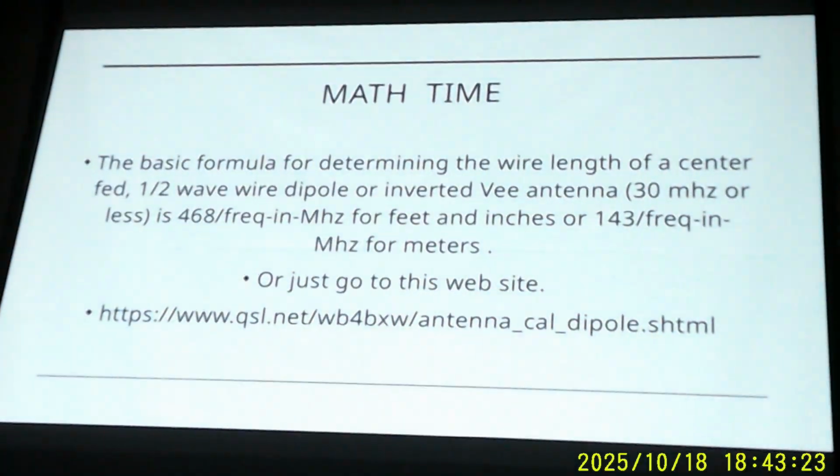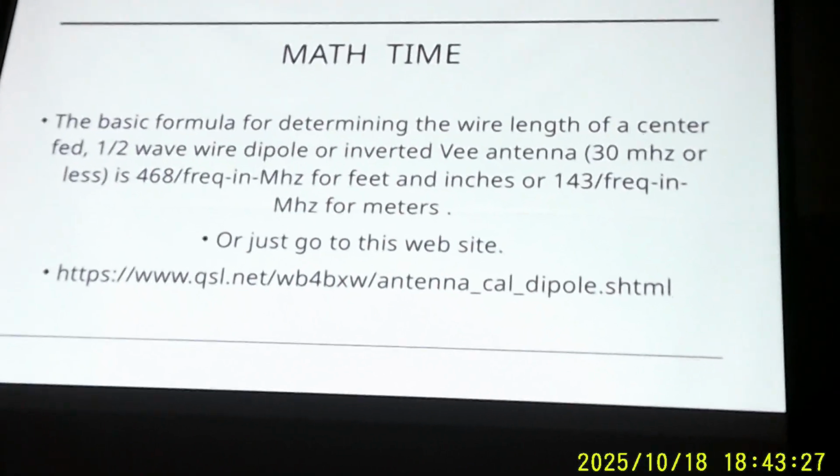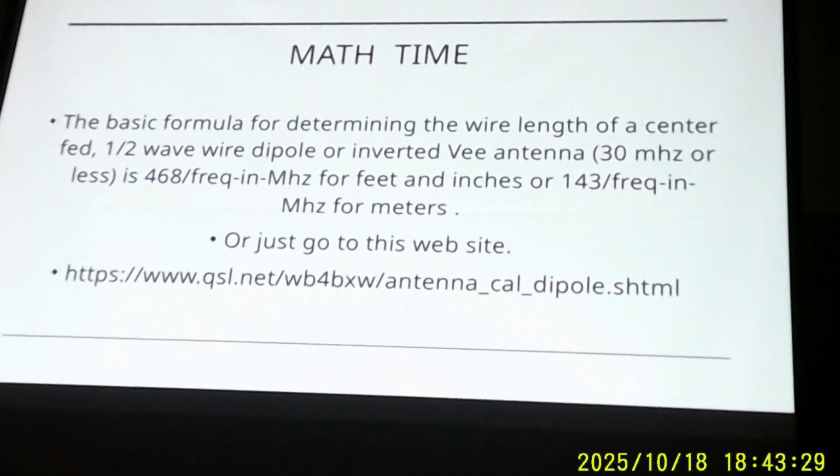Okay, math time. Everybody loves math, right? I don't. Here's a basic formula for determining an HF antenna. Well, basically any antenna, but up to 30 megahertz, I think. Okay, I did the easy way.